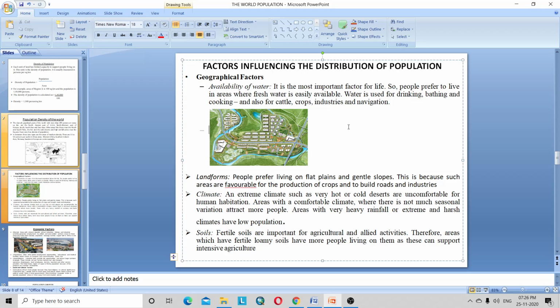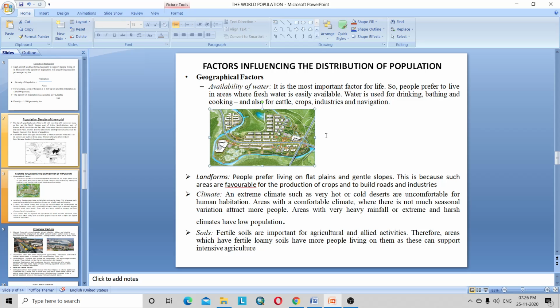People tend to reside more in areas where water is available, because water is essential for humans and animals. We use water every day for drinking, bathing, cooking, cattle, cultivation, industry and navigation. So you'll find more people in areas where water is available.